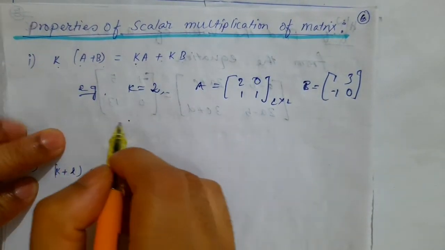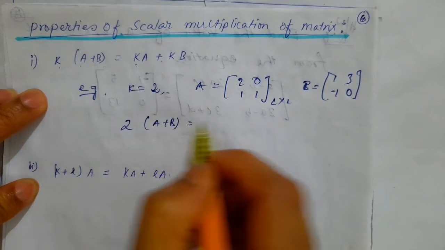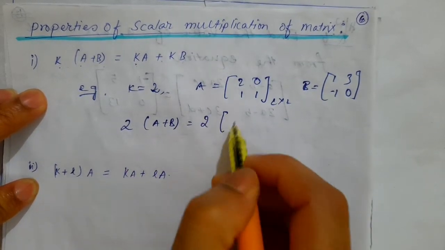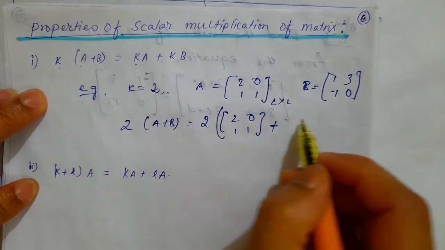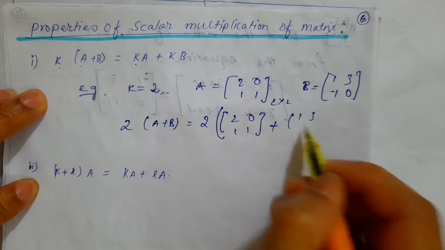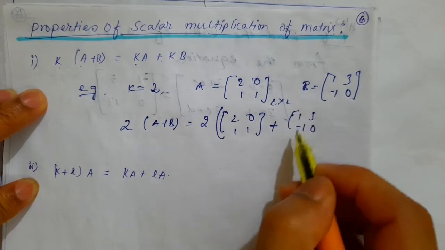Then 2 of A plus B is 2 of ([2 0; 1 1] plus [1 3; -1 0]).